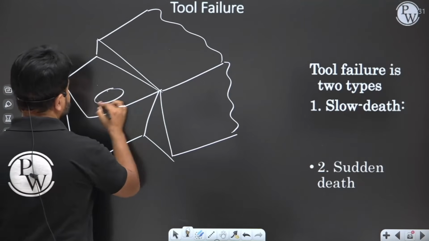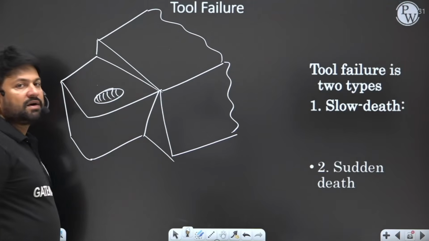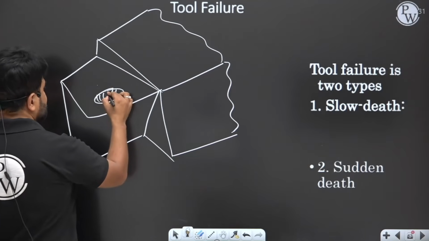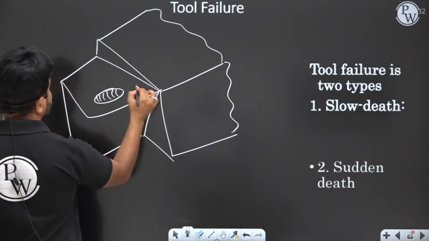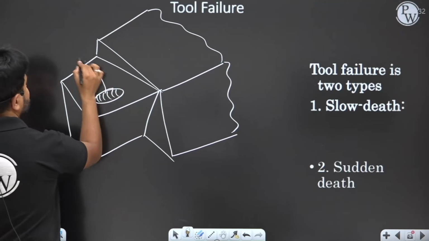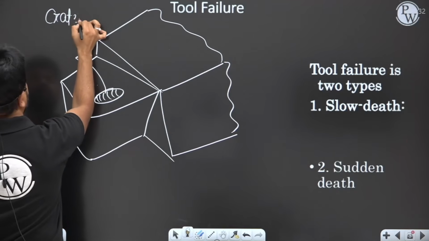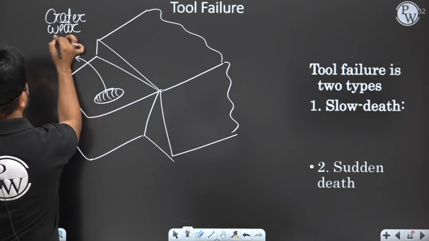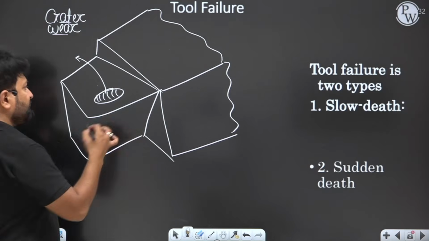So on the rake face a crater will be produced, or a flank wear. This is the rake face, my dear. On the rake face, crater wear comes into the picture, or on a flank.